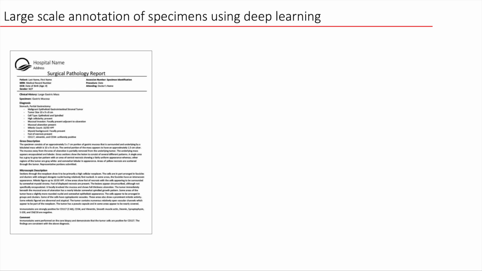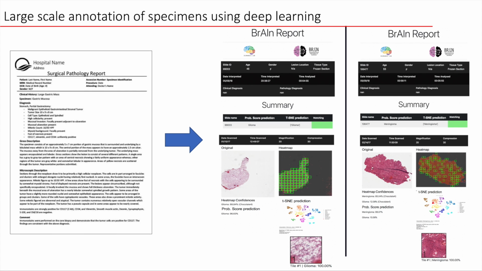Now the beauty is that you can do this on a large scale. When I deal with tumor banks, I'm often given these surgical pathology reports, and as a pathologist these are quite useful. But imagine we can now create more user-friendly reports for non-pathologists where we have a diagnosis, and we confirm the diagnosis here.